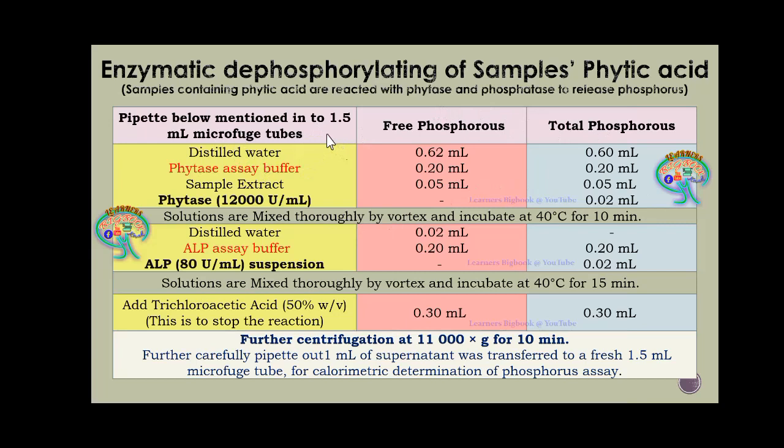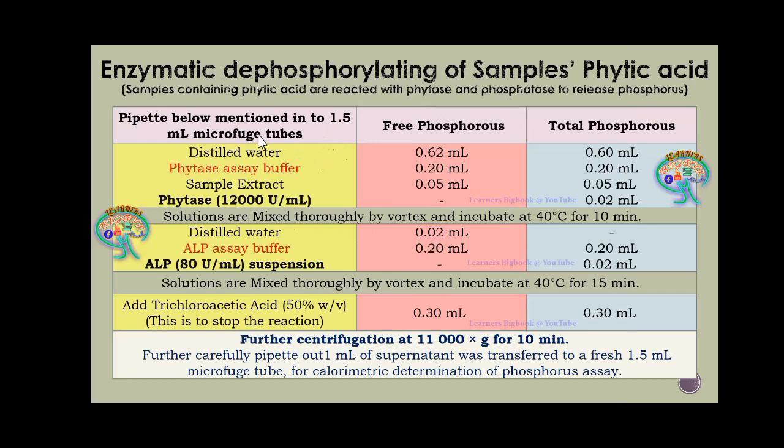During the extraction we have taken 0.5 ml of the phytic acid sample and neutralized it with sodium hydroxide of 0.75 millimolar concentration, where we add 0.5 ml of that sodium hydroxide.